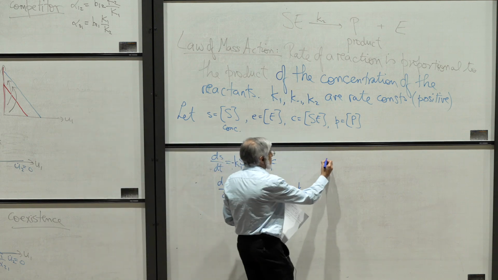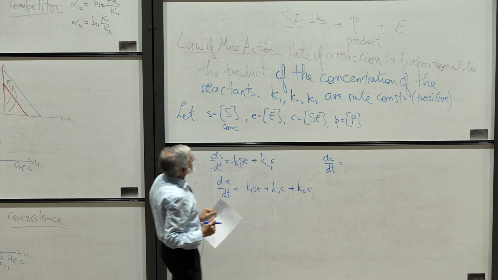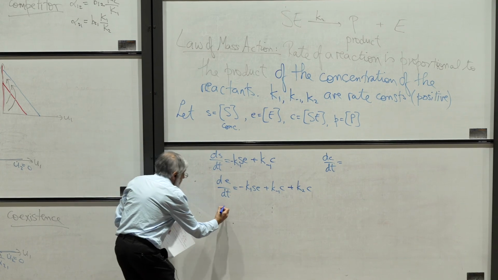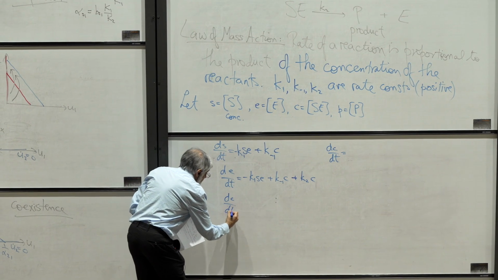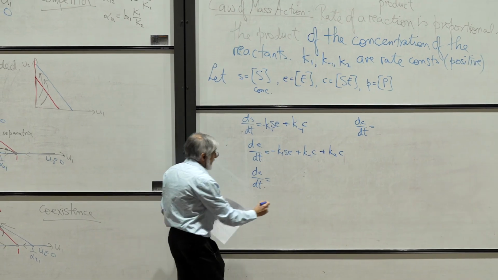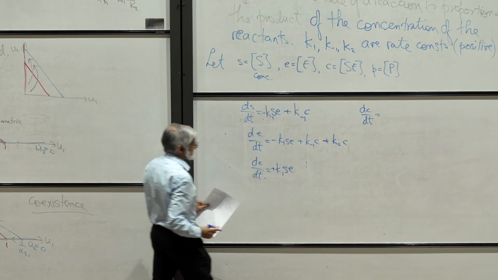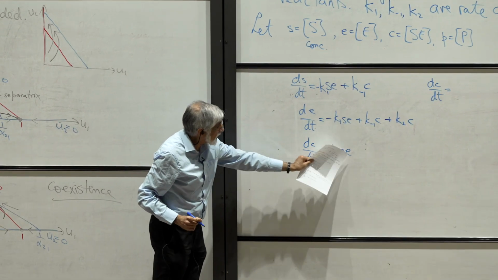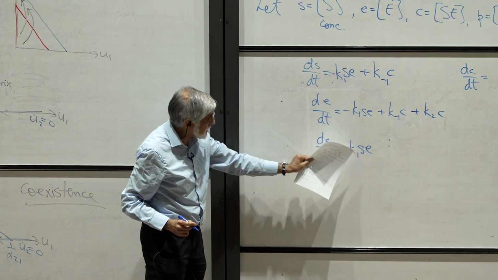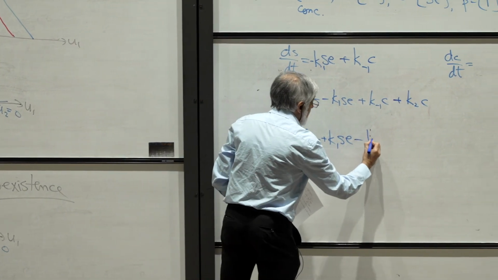What about dC by dt? dC by dt is gained by S interacting with E. And remember, this is S times E, it's not S times C, it's not SE. It's lost by going backwards.